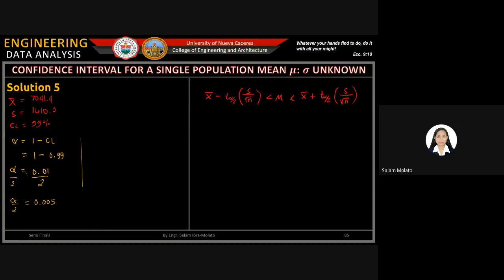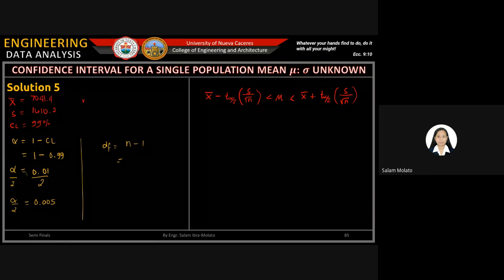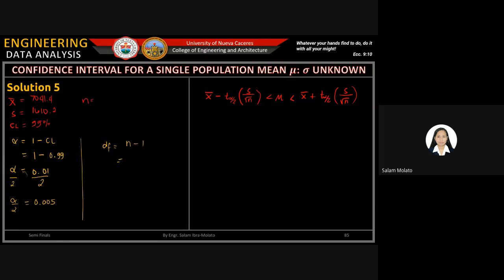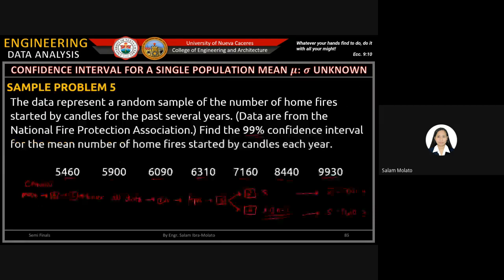So, for the DF, that is n minus 1. Ilan ba yung n? Hindi pala natin nasulat yung n. Balikan natin. The data represent a random sample number of home fires. Nasaan yung n na?